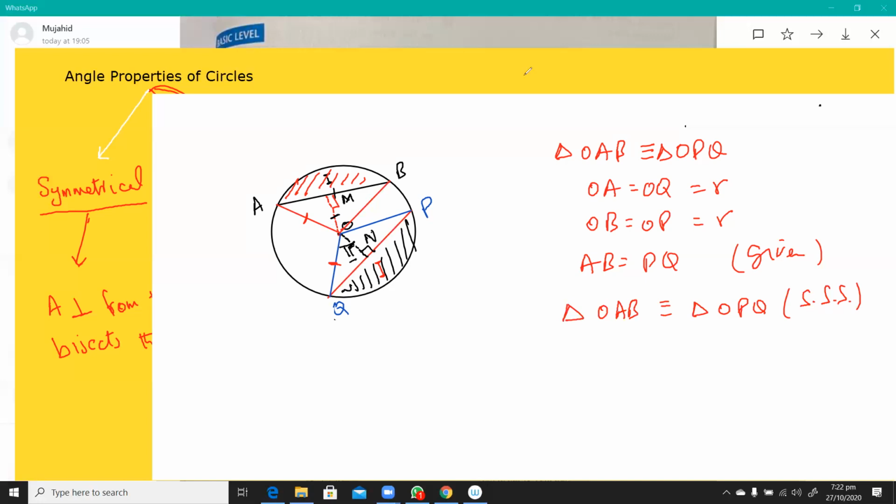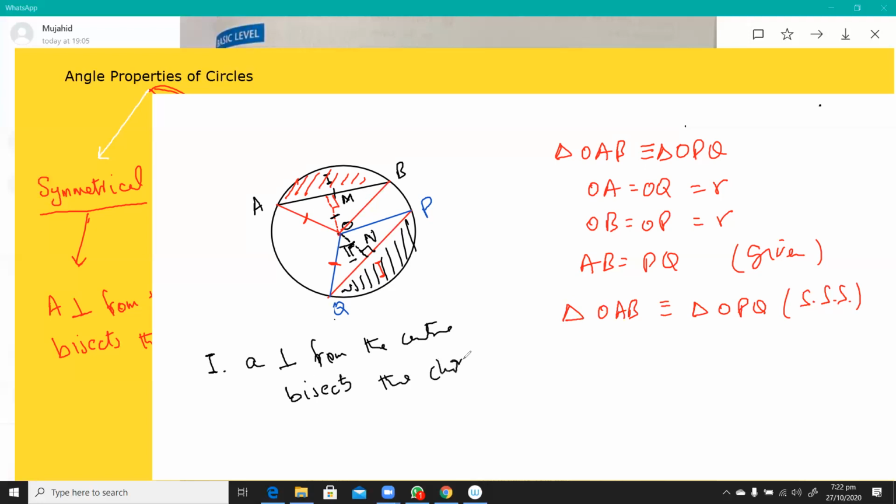So we have discussed so far the two symmetrical properties of circles. The first property is that a perpendicular from the center bisects the chord. Remember this.